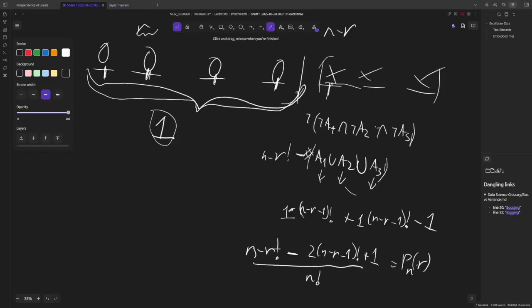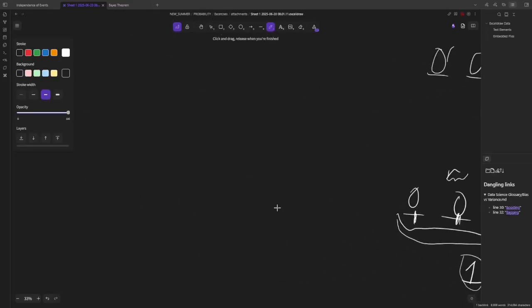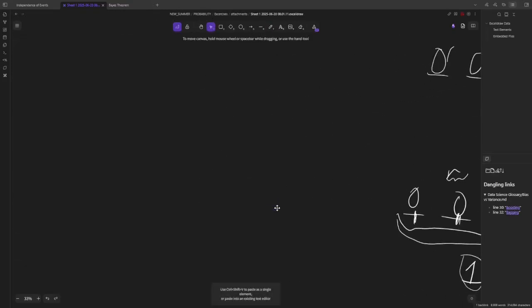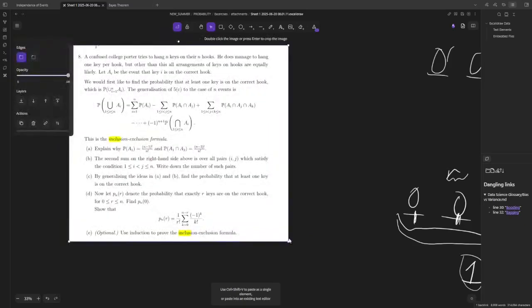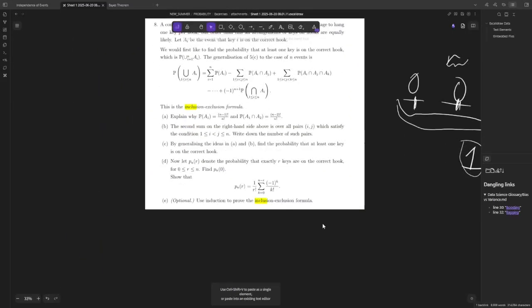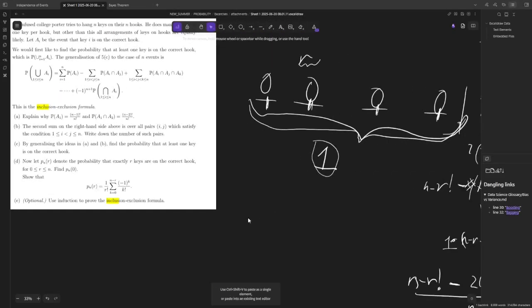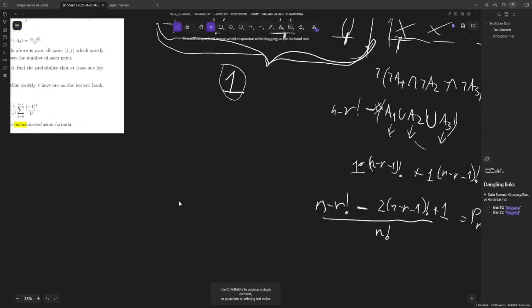Is this the same as the equation? I mean, it does not look like it at all, but let's see.